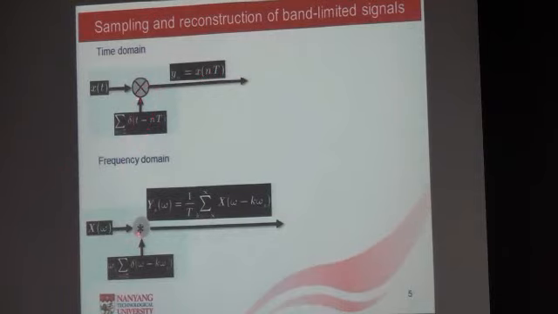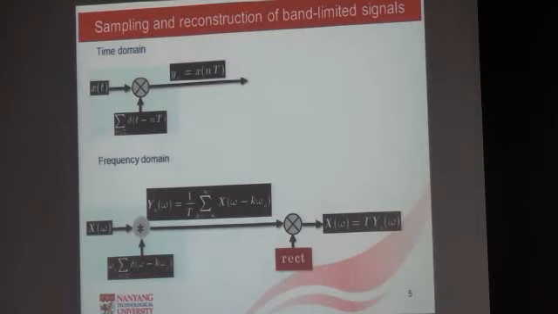Multiplication in the time domain corresponds to convolution in the frequency domain, and it just so happens that the Fourier transform of the stream of Diracs is also a stream of Diracs, but this time the distance between them is set by the sampling frequency. Okay, so when you convolve the Fourier transform of the original signal, X of omega, with a comb of Diracs, what happens is that the spectrum repeats itself at intervals of the sampling frequency.